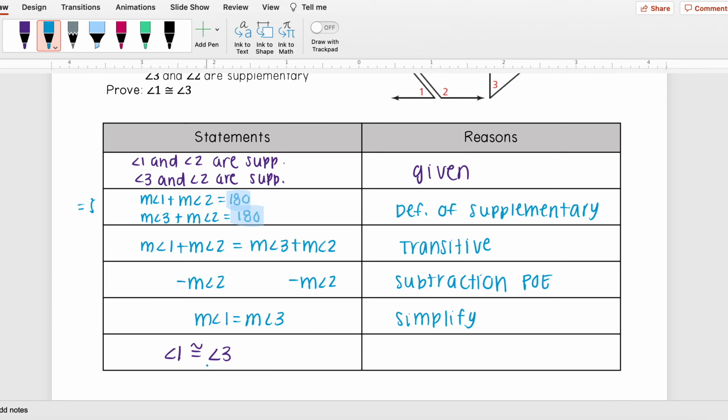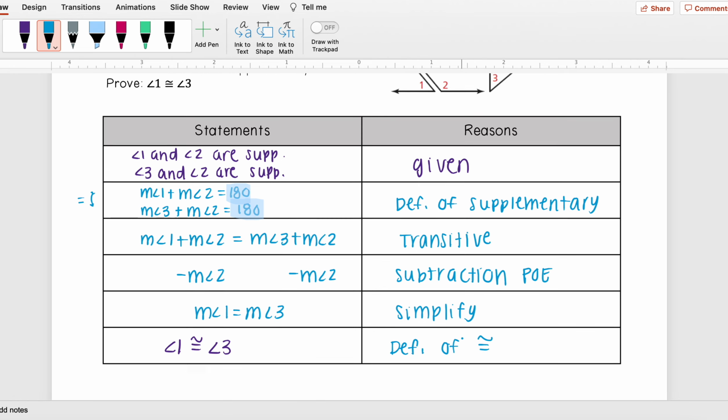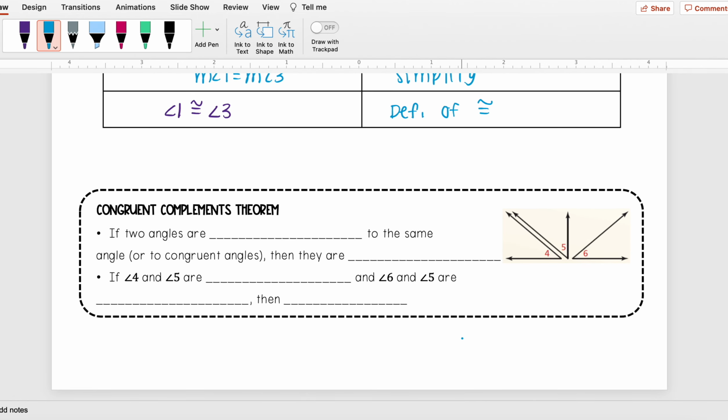And I see that automatically leads to my final step. Since the measure of angle 1 is equal to measure of angle 3, that means that they are also congruent to each other. And that is my definition of congruence. And so that proved my congruent supplements theorem.